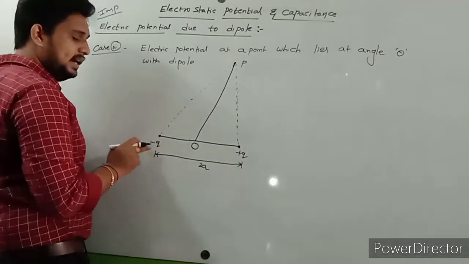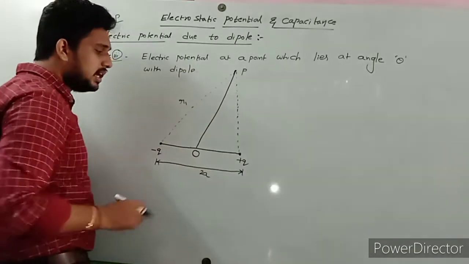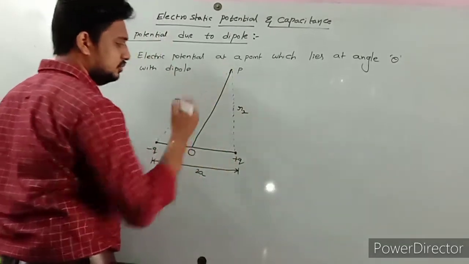Let us assume the distance from minus Q to point P is R1, and the distance from plus Q to point P is R2.